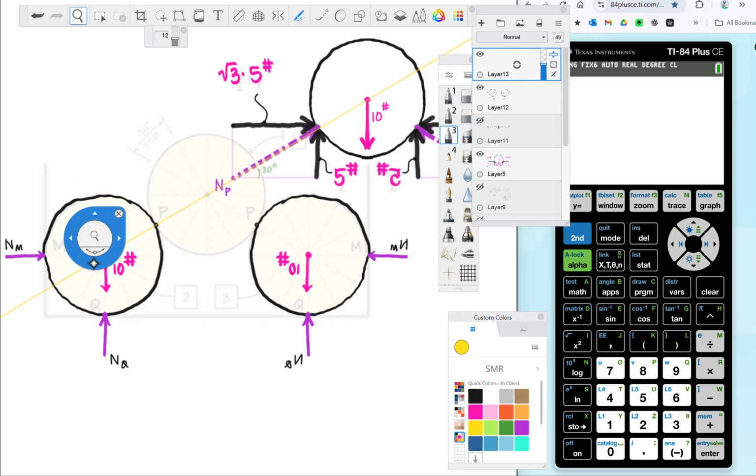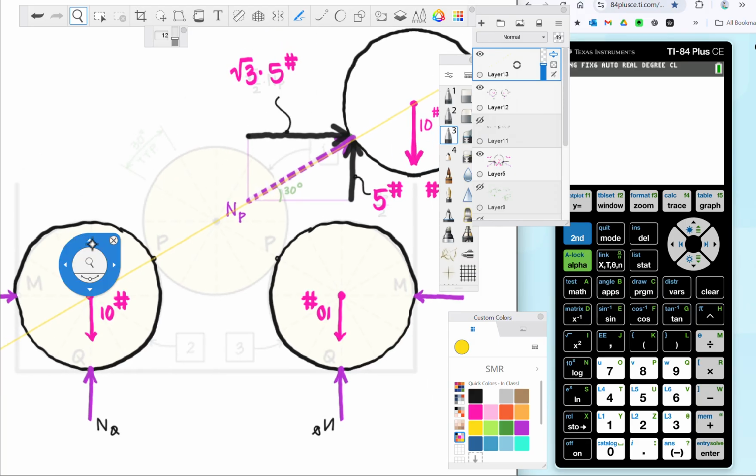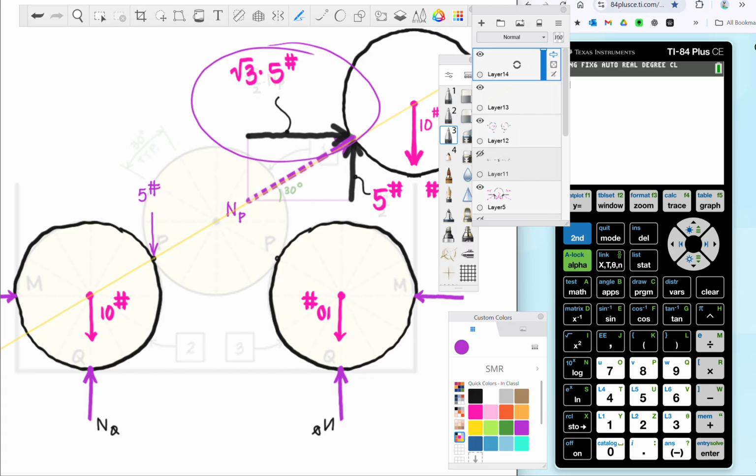And so what I need are the Newton's third law pair forces at point P. I've got some of the forces here, and I need their partners on the other side. I'm going to choose just to work in vertical components. So a 5 pound upward becomes 5 pounds downward, and a square root of 3 times 5 rightward becomes a square root of 3 times 5 leftward.